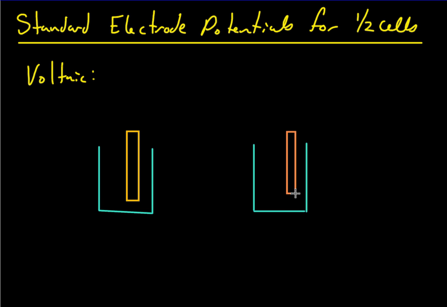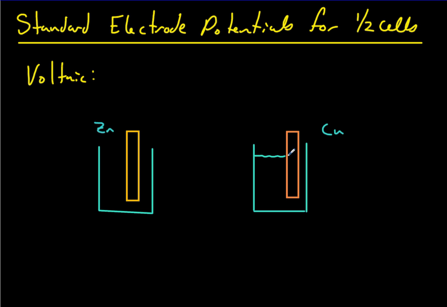Let's say that on this side we have zinc, and on this side we have copper. So the first thing we want to know is which way the reduction is going to tend to happen.